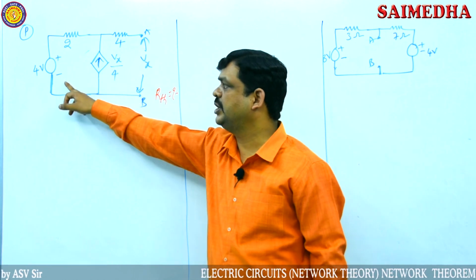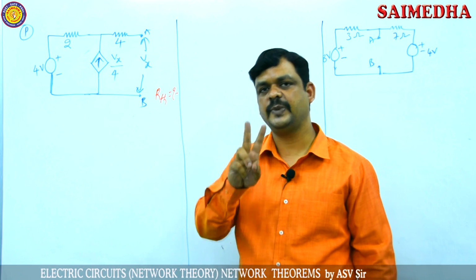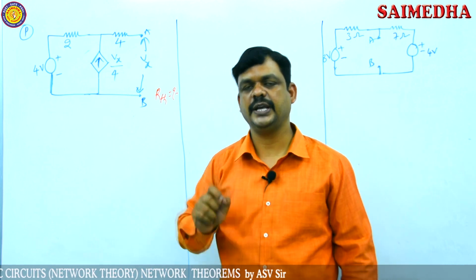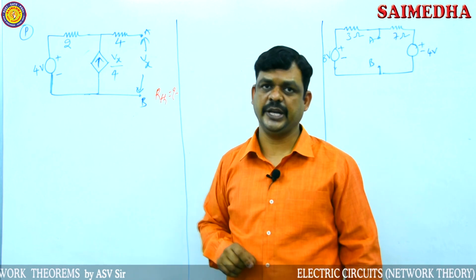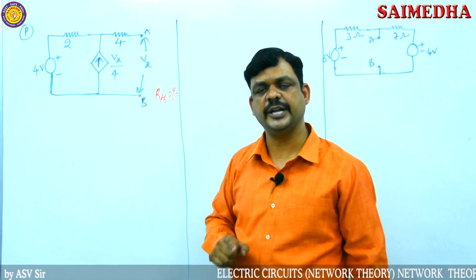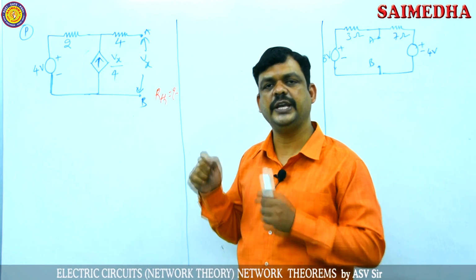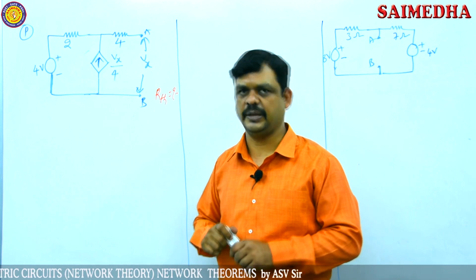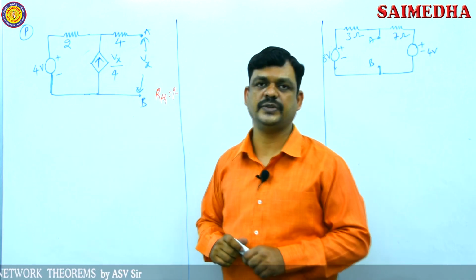In this network, one independent source and one dependent source are there. To find RThevenin, as already explained, two techniques are there. One technique is, if the network consists only of independent sources, just remove all the sources and find the equivalent resistance between the A and B terminals. But here the network also consists of a dependent source.